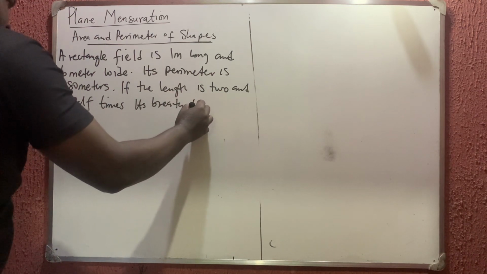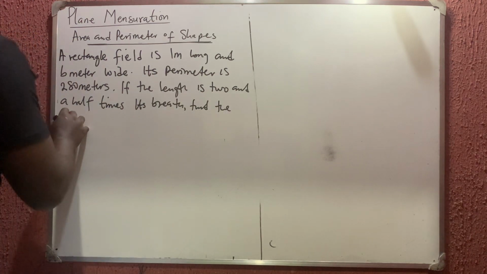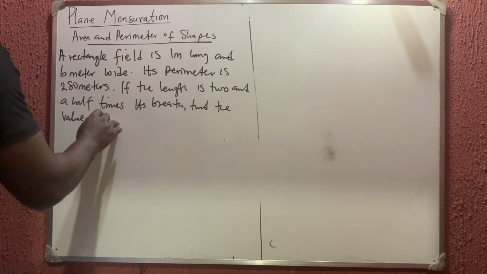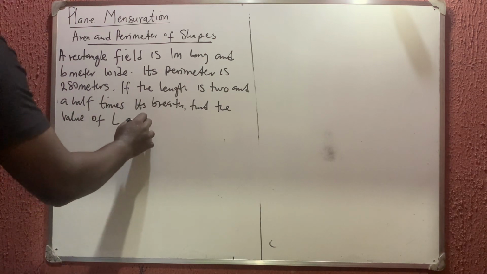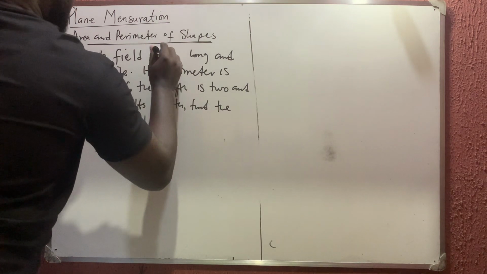Let's say find the value of L and B. Okay, so they say a rectangular field is L meters.